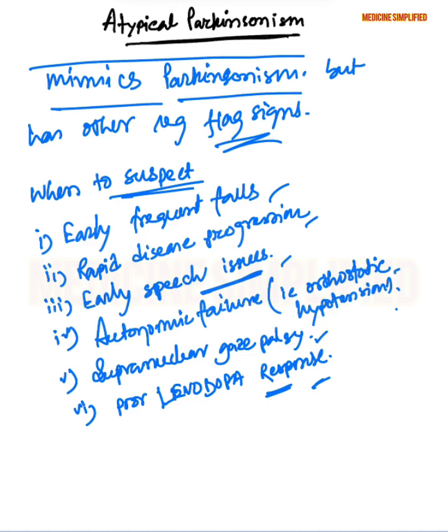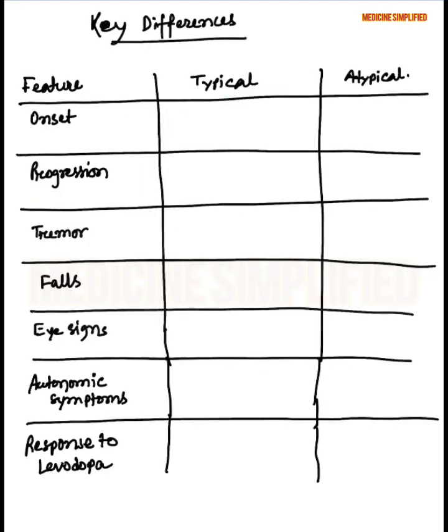Atypical Parkinsonism should and must be suspected. Okay, so now I will come to the key differences in a slide between typical and atypical variety. It will be very easy for you. So let's see the onset.